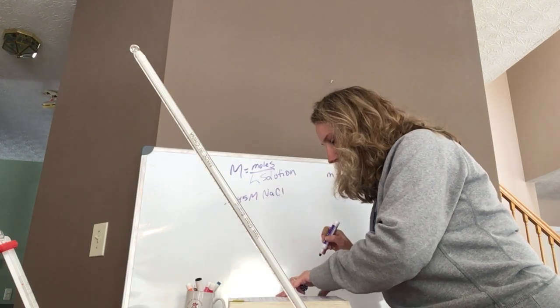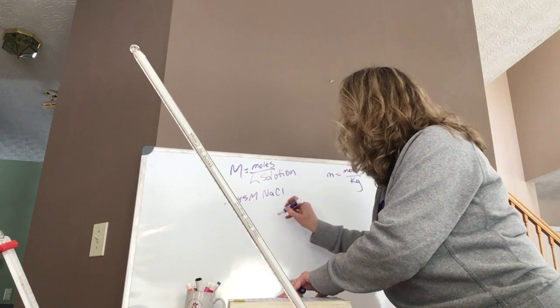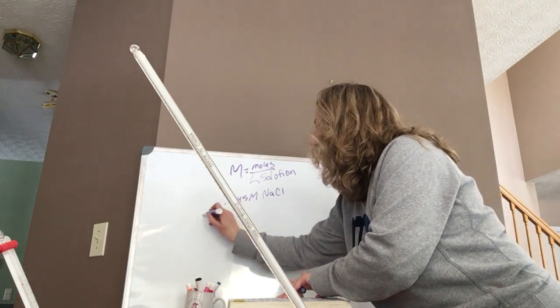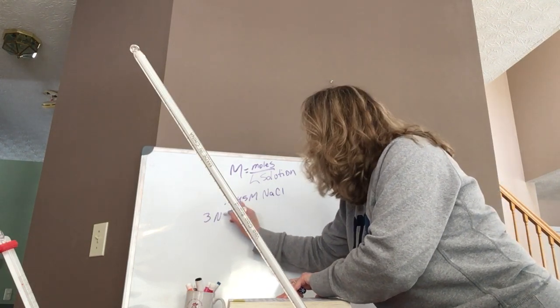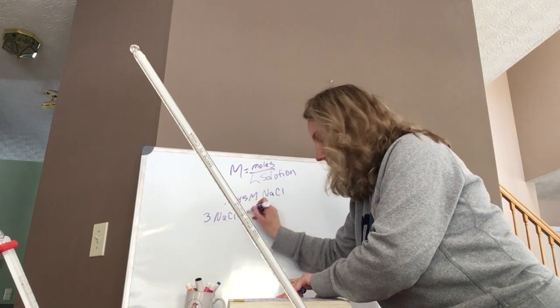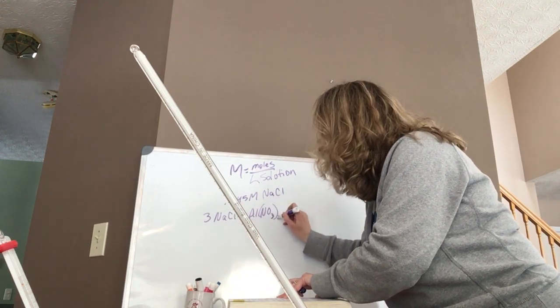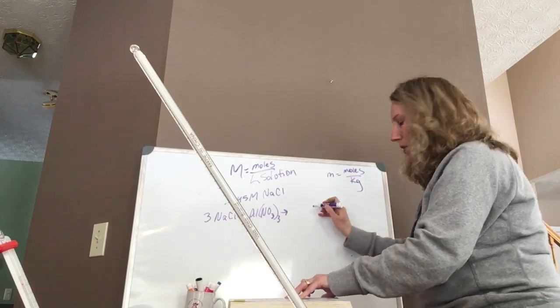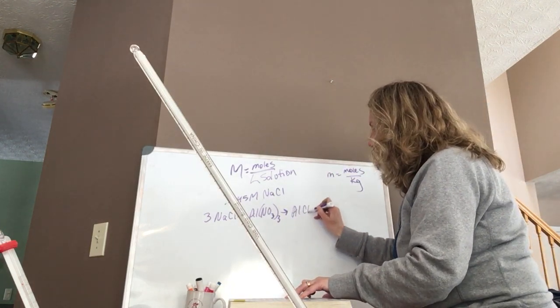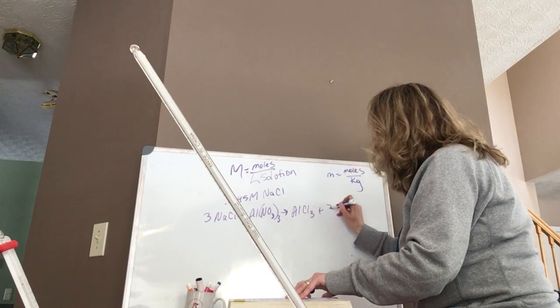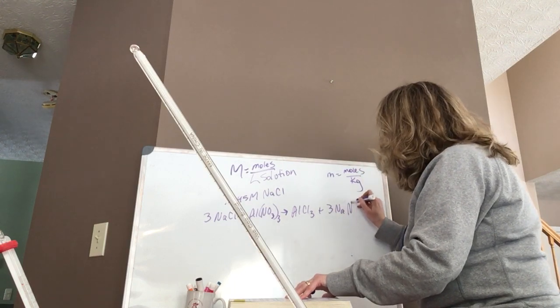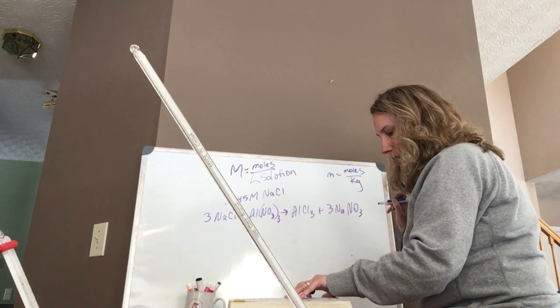NaCl will be necessary to make 100 grams, oh, I should have the balanced equation, 3 NaCl plus AlNO3 turns into AlCl3 plus 3 NaNO3.